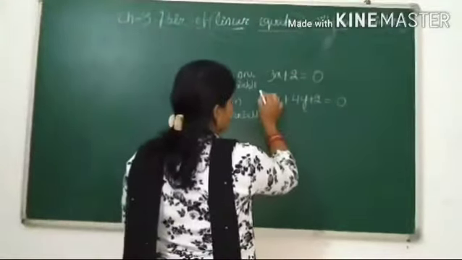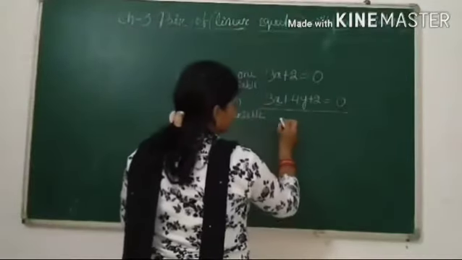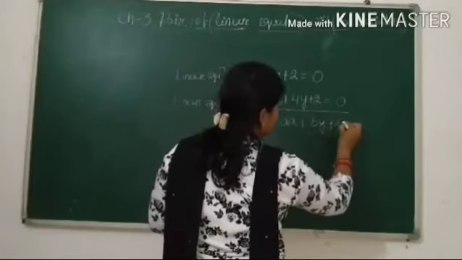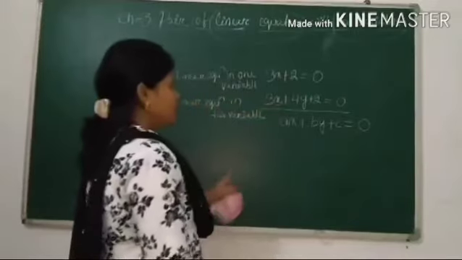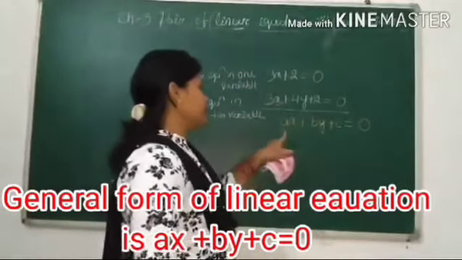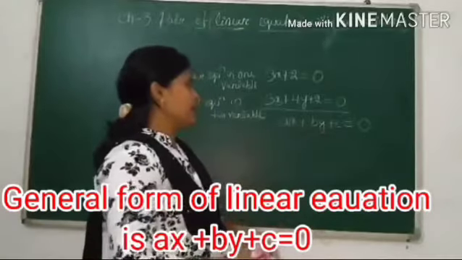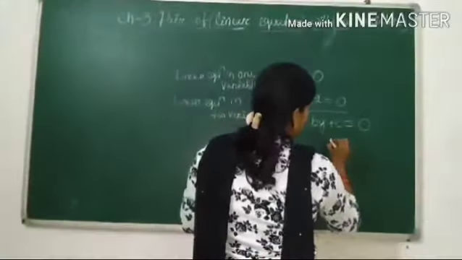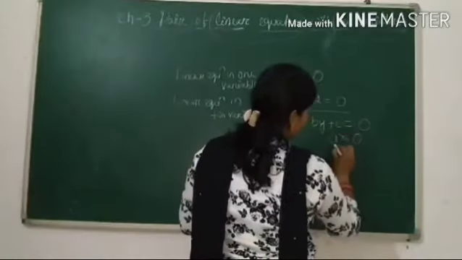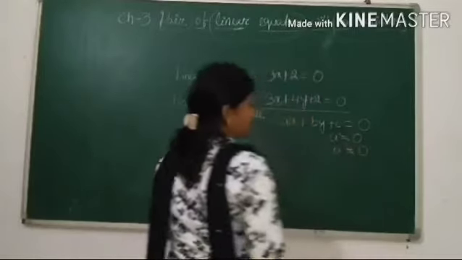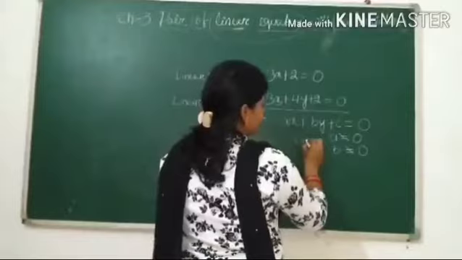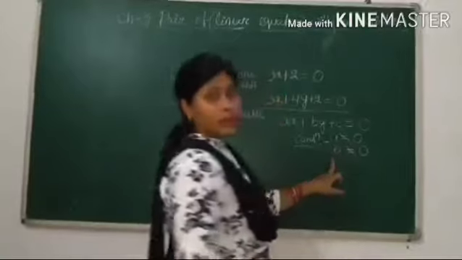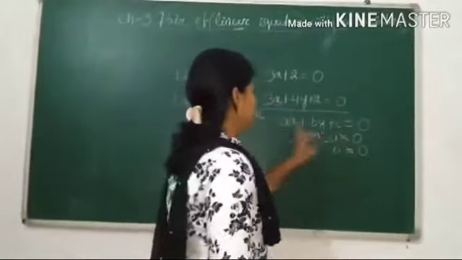The general form of a linear equation is ax plus by plus c is equal to 0, where a is not equal to 0, b is not equal to 0. This is the condition behind this.